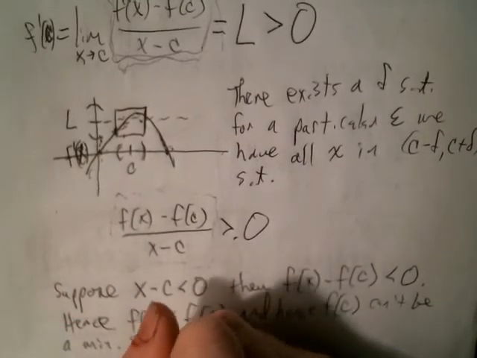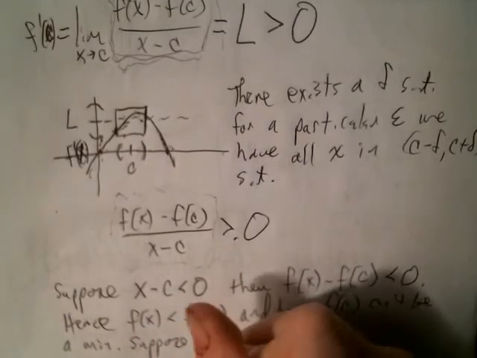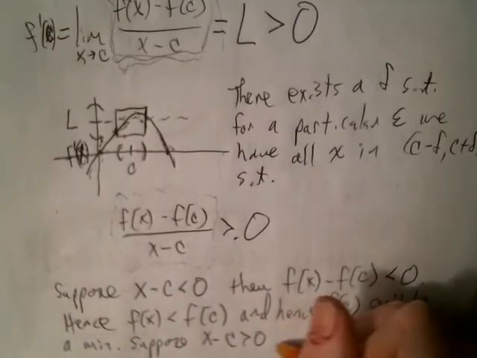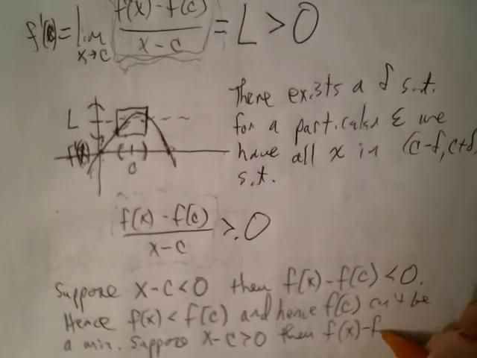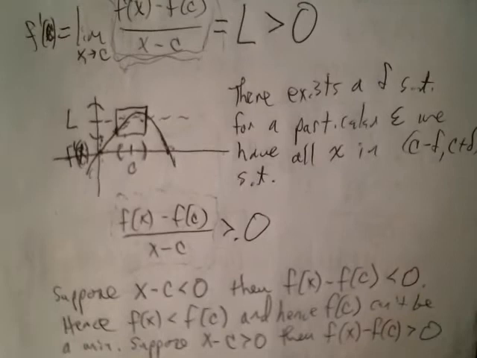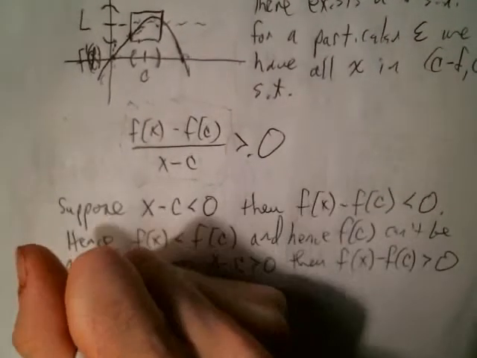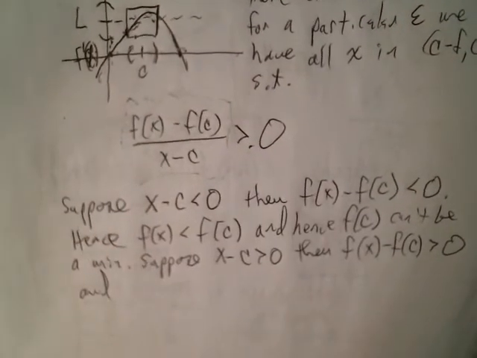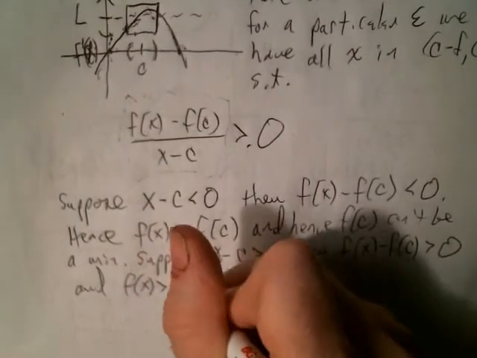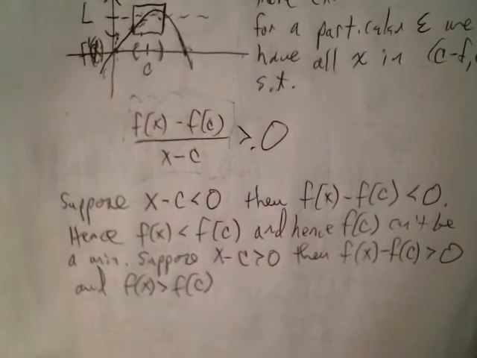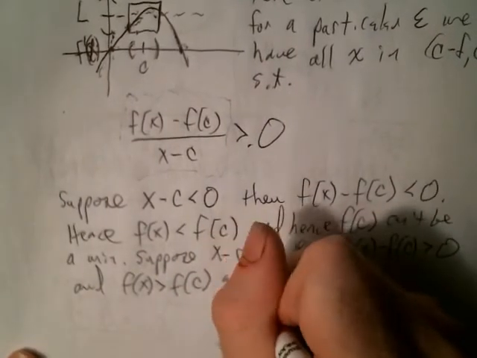On the other hand, suppose x minus c is greater than 0, then that forces the numerator to be greater than 0. And so if you add f of c to both sides, you get f of x is greater than f of c, and therefore f of c can't be a max.